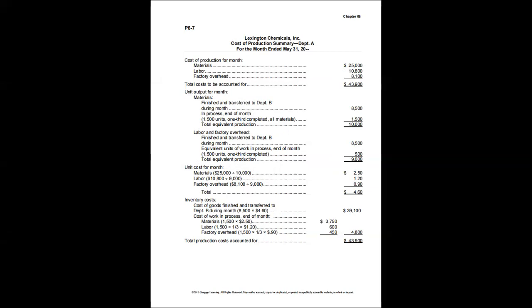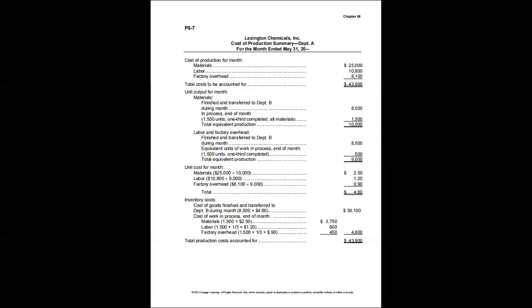So we have now materials, labor, and factory overhead in departments A and B. For the production summary units, departments A and B. Started in process, 10,000 units. Received from prior department, 8,500. Added to units in process, 1,500.